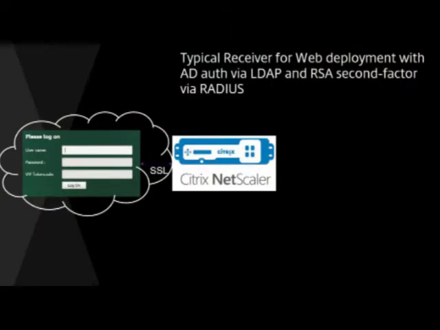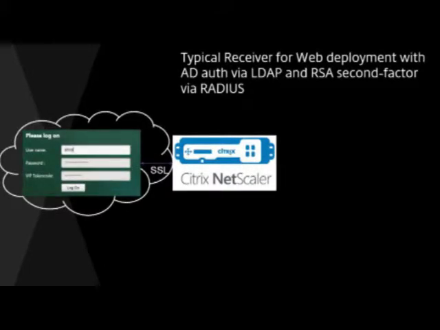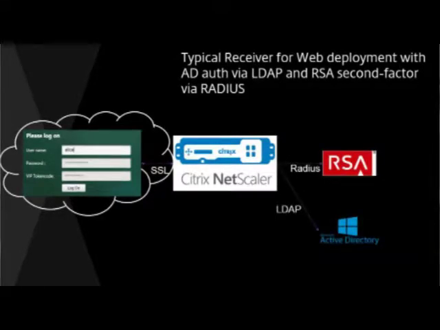Again, given the receiver for web implementation, you can see here a username, a password field, and then that second factor. In this implementation, the user types in those credentials, and the first thing that happens is the Netscaler gateway will take those credentials and do that first logon against, traditionally, the LDAP server, so that's probably Active Directory. And then it does the second factor, and Netscaler is configured to actually use two different factors, first primary and secondary.